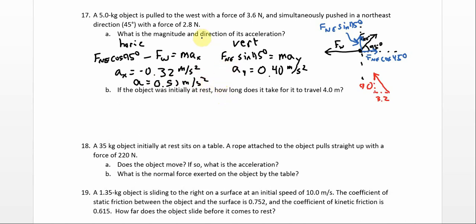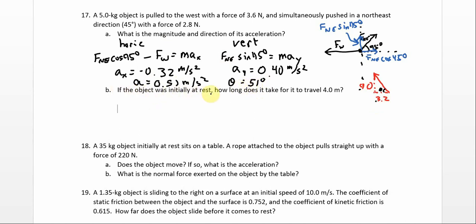And the direction, if we call that theta, that'll be the inverse tan of 0.40 divided by 0.32. Inverse tan of 0.40 divided by 0.32 is 51 degrees. Okay, so that's the magnitude of the acceleration, that's the direction of the acceleration.